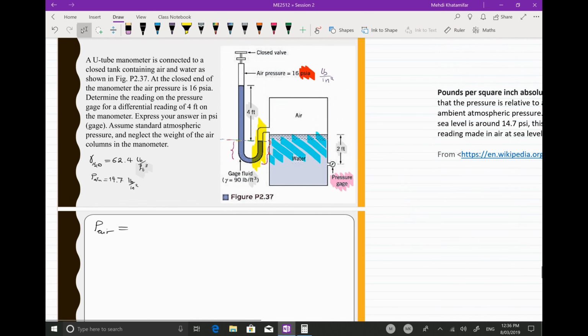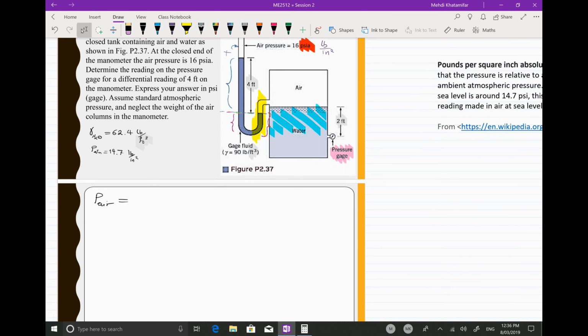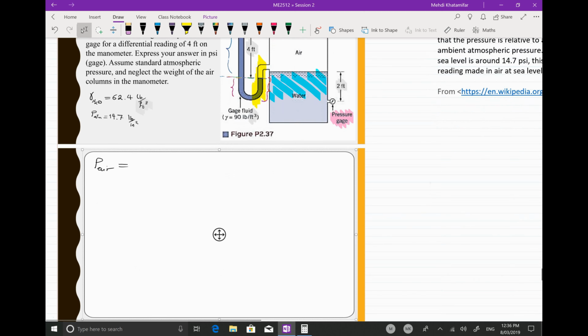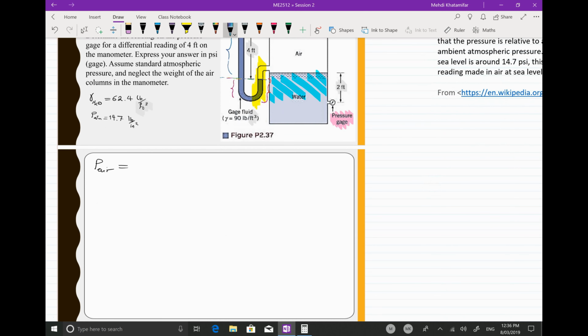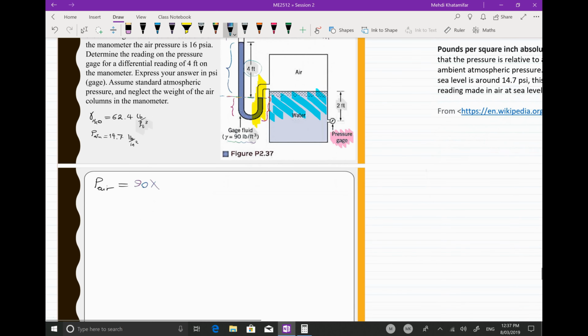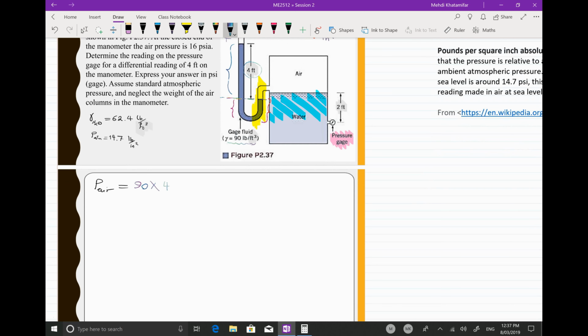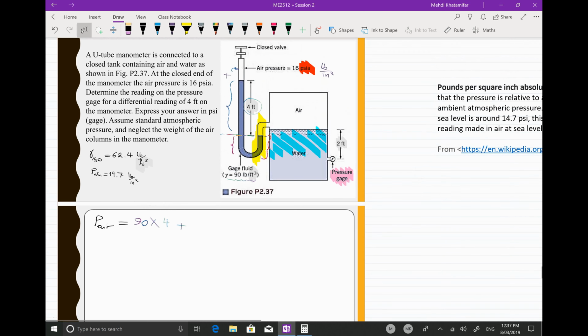Okay, let's see what we have on the left side. On the left side, we have pressure because of 4 feet of this liquid plus a pressure here, which is air pressure, and it is given. So it is going to be gamma of that liquid, which is given as 90 pound per feet cube, times the height, which is 4 feet, plus the pressure at the top.